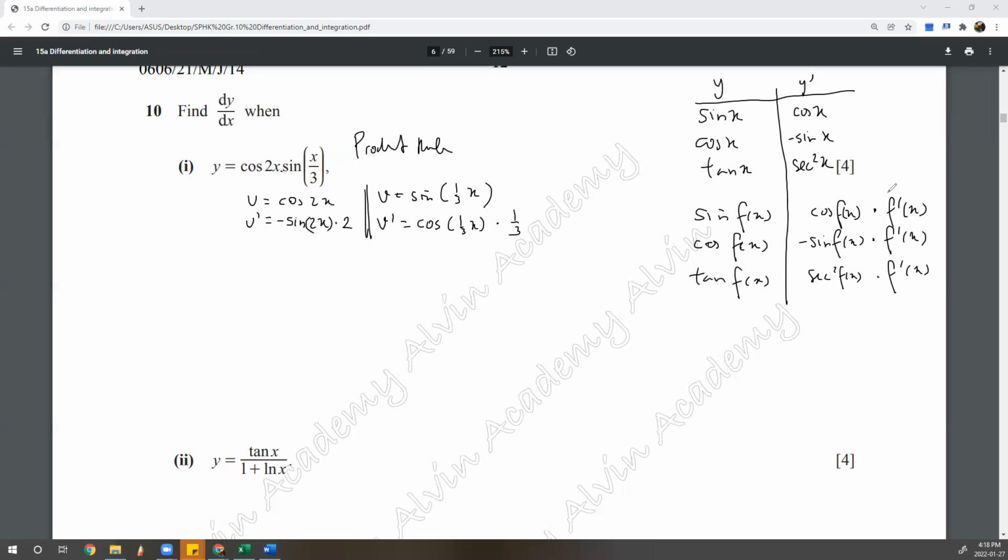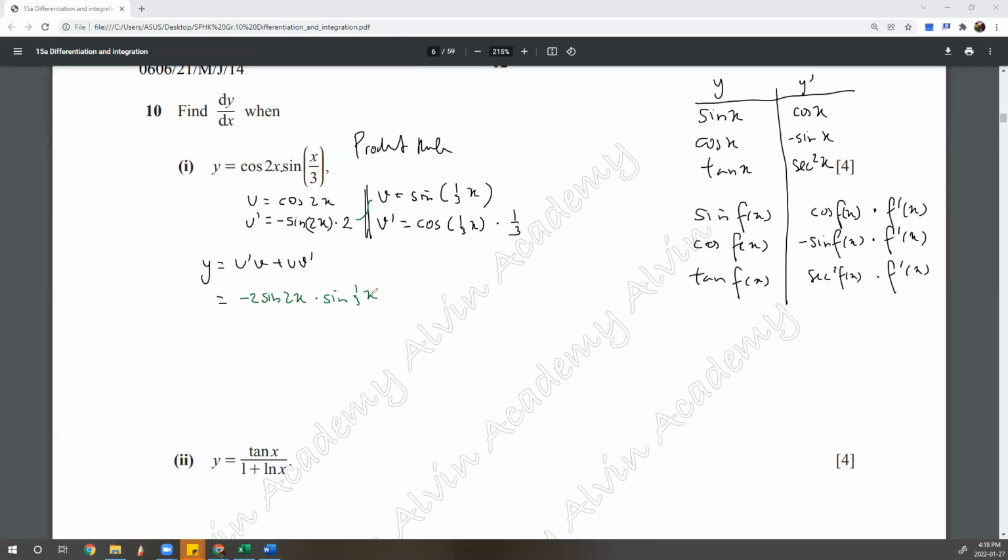See, the chain rule. Now you can get the formula u accent v plus u v accent for the product rule, right? So cross multiply. No, not cross multiply, but do the crossing formula here. U accent v. Okay, so I just write negative 2 sine 2x times sine x over 3, or sine 1/3 x.